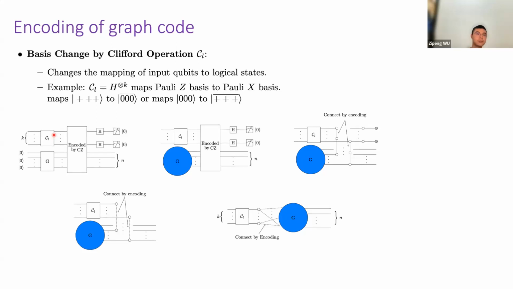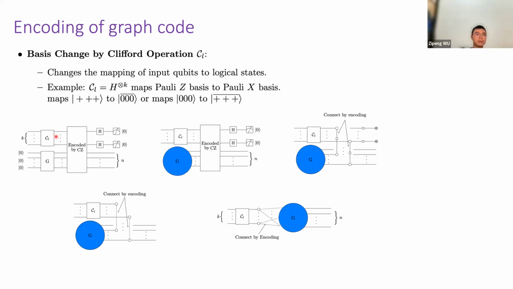So to tune the logical state, we can use the Clifford operation prior to the encoding procedure. But normally they choose the Clifford either equal to the identity or the Hadamard, because with this choice the logical state is easy to read and write, and the logical operation can be easily derived.